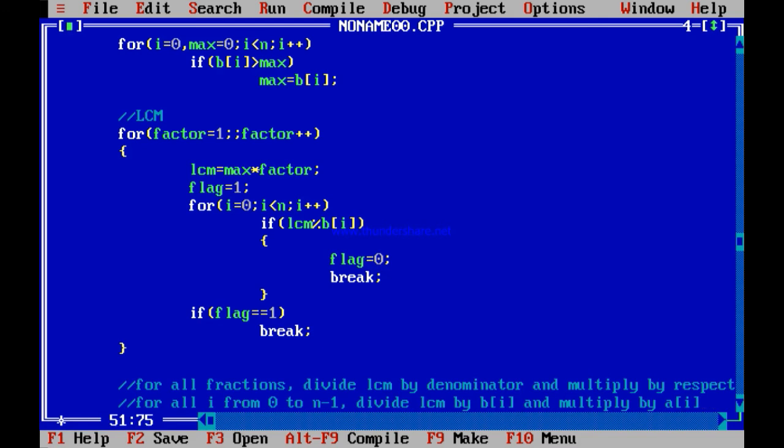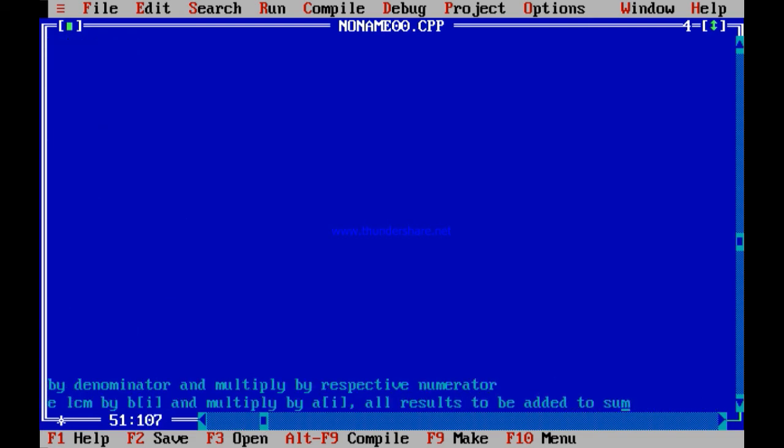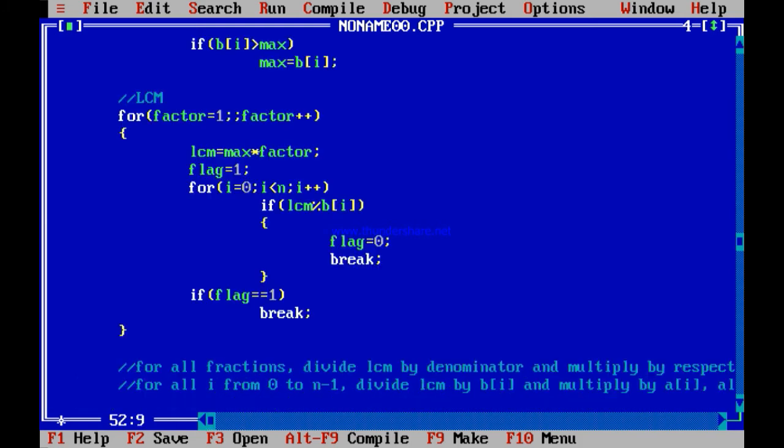All results to be added to sum. So how to do that? Very simple. For all I from 0 to n minus 1 you need to do that. So you do the same thing for I equal to 0, I less than n, I plus plus.